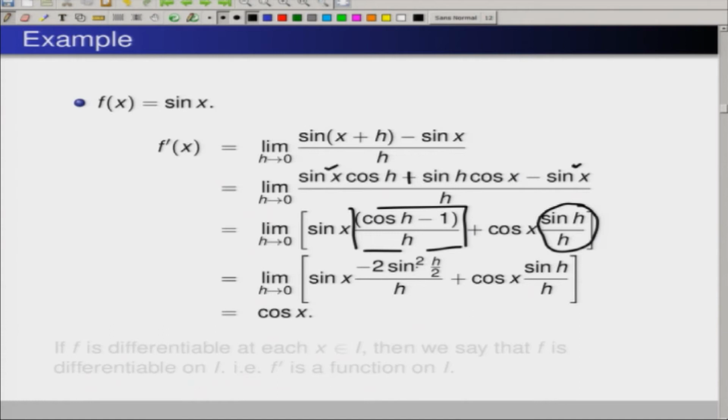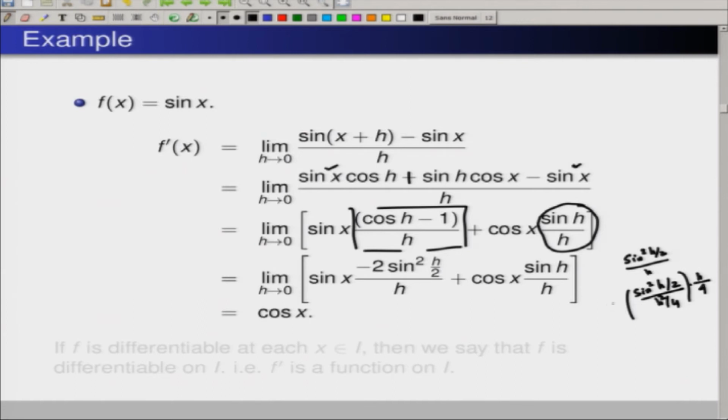Now, we know that sin of h by 2 divided by h by 2, as h goes to 0, has limit 1. For sin square h by 2 divided by h, I can write sin square h by 2 divided by h square by 4, and then I need to multiply by h by 4.